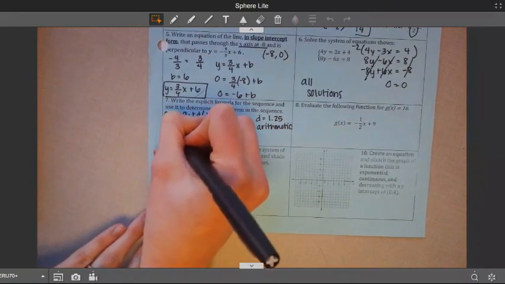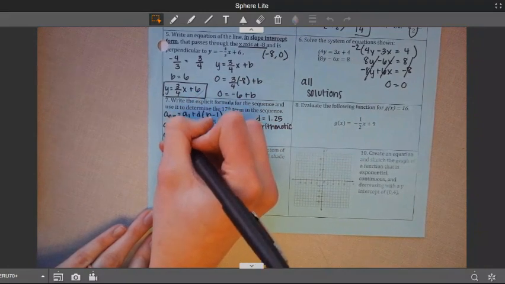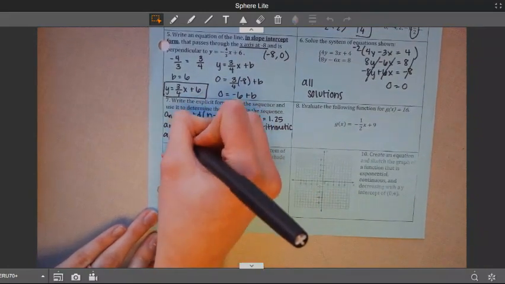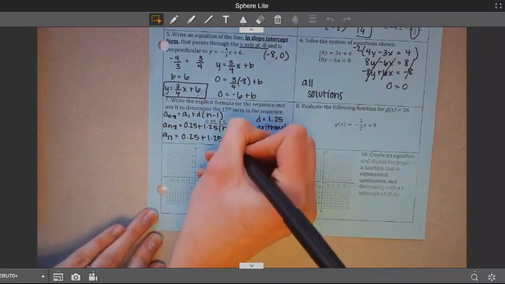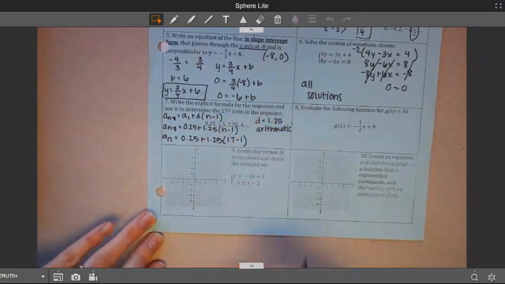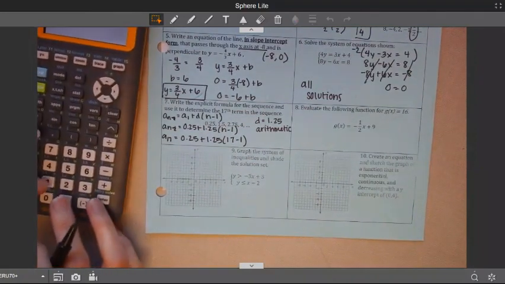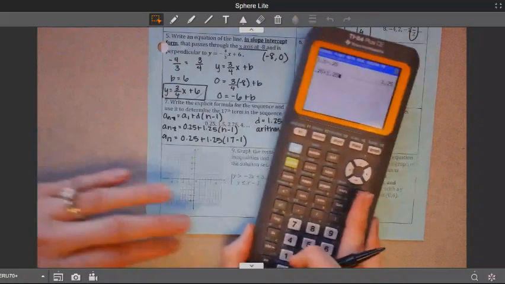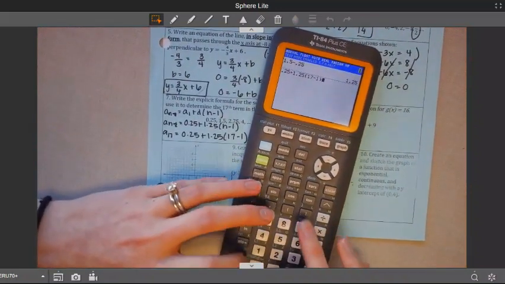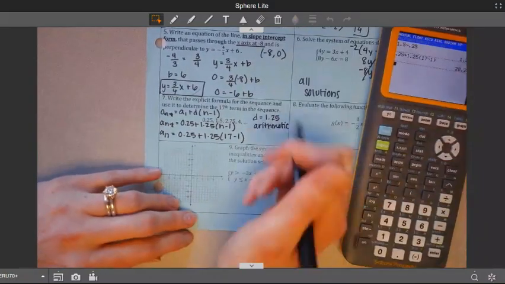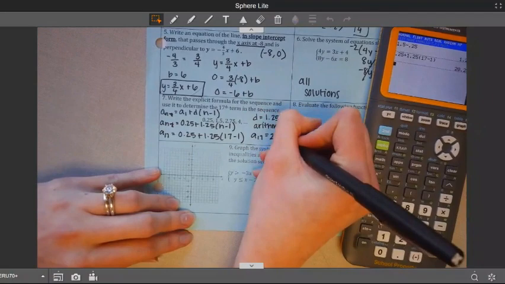So a sub 17 is equal to 0.25 plus 1.25 times 17 minus 1, which gets me 20.25. So a sub 17 is equal to 20.25.